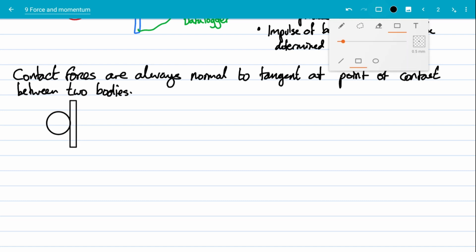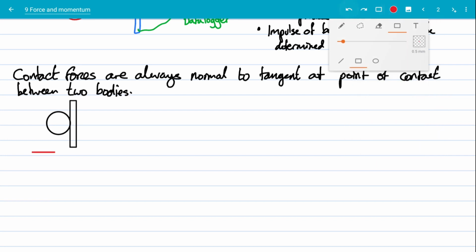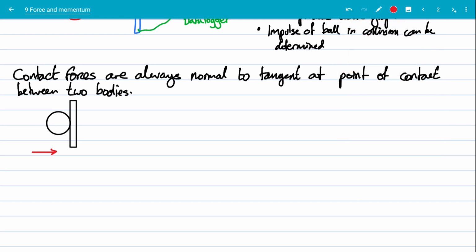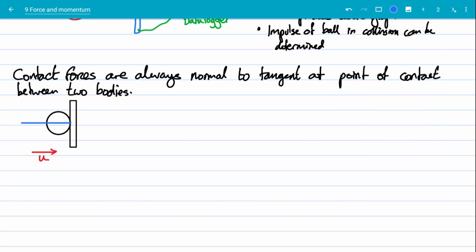And if we say that the initial velocity of the ball is in this direction, like that, then there's no component of the initial velocity parallel to that surface. The force on the ball will be equal to that. I've just figured out a little hack to make sure the line is perfectly horizontal: use the rectangle tool.